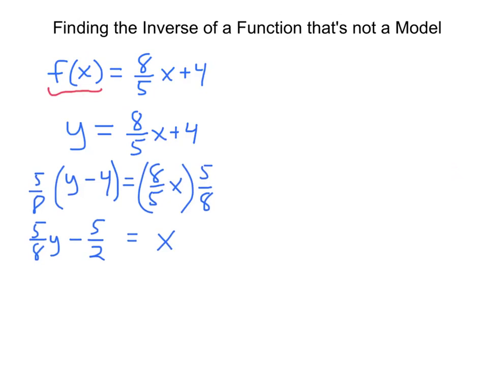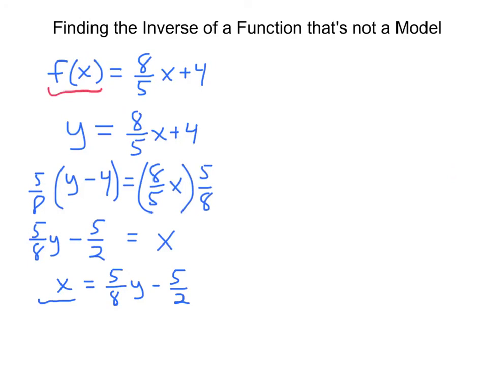Now let me just rewrite this so that the x is on the left side of the equation. So we've got x equals 5/8 y minus 5/2. And then we'll replace this x with the notation f inverse.